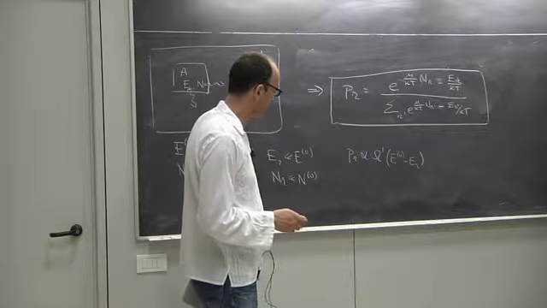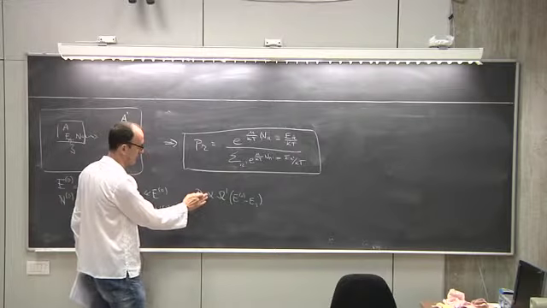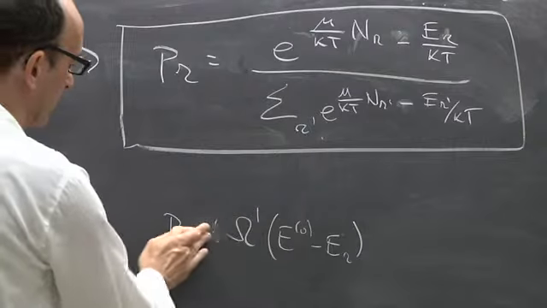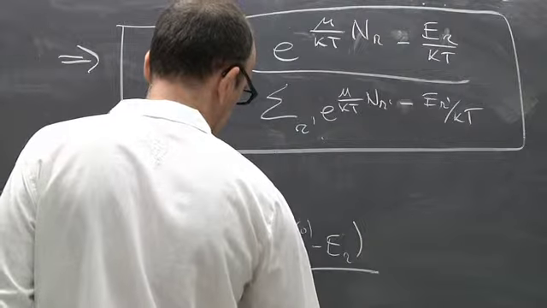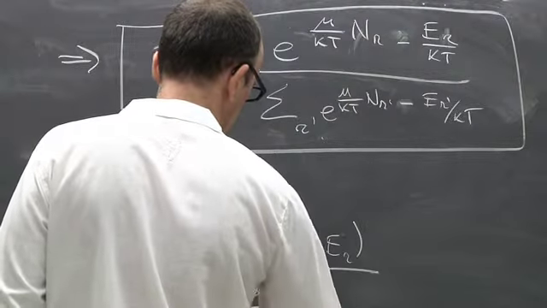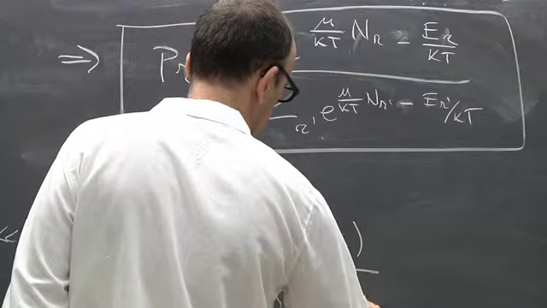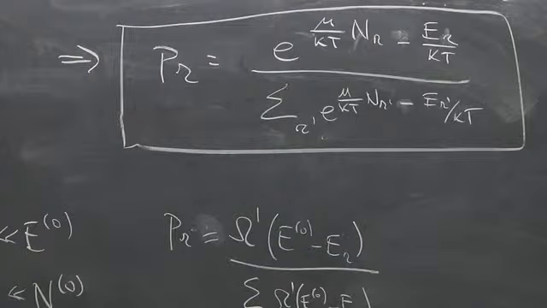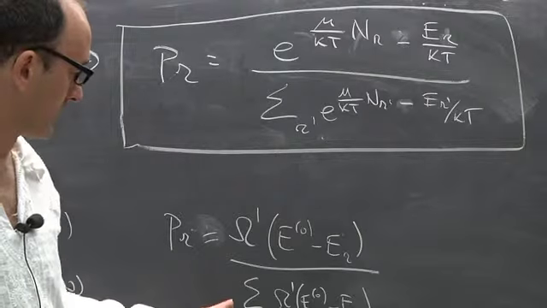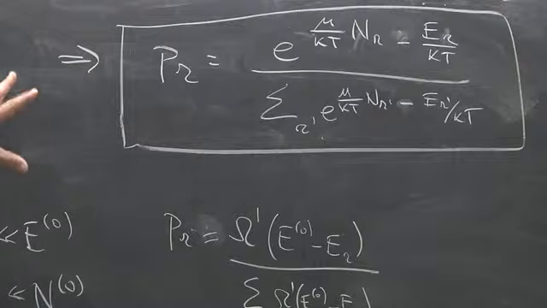Then if you want to replace this proportionality by an equal sign, you can always do this. Divide by the sum over R prime of omega prime of E0 minus ER. And this is going to be the total number of microstates of the combined system, right?